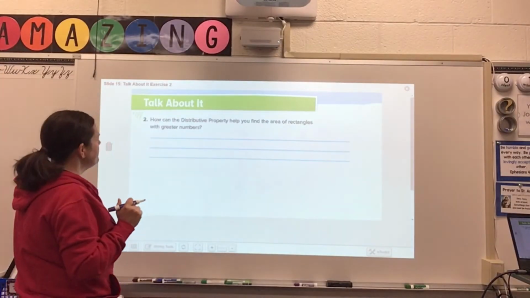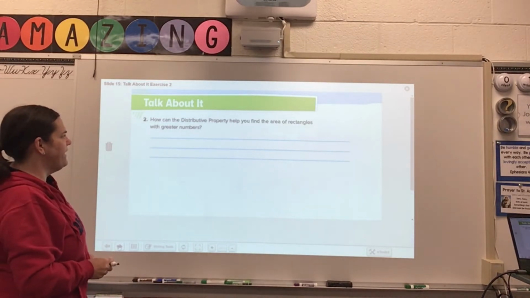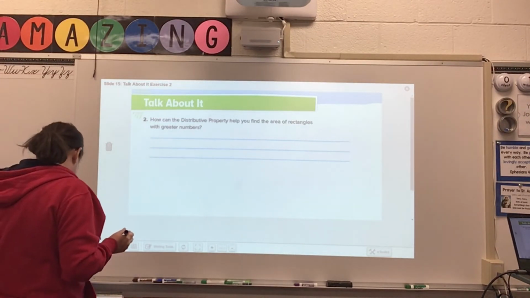All right, so for number 2, it says, how can the distributive property help you find the area of rectangles with greater numbers?